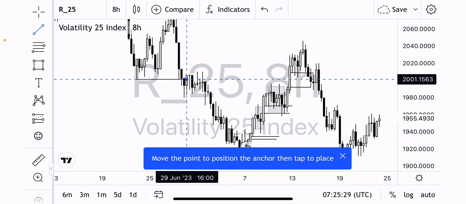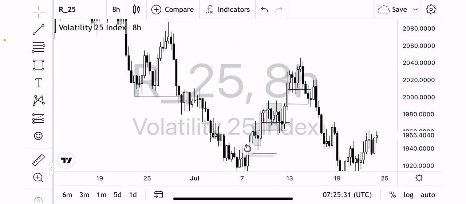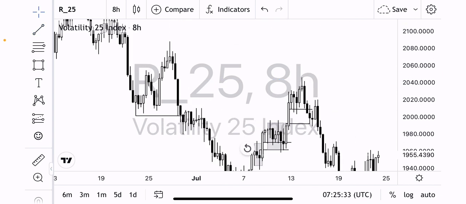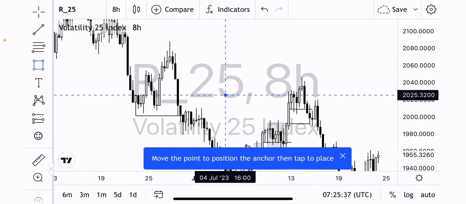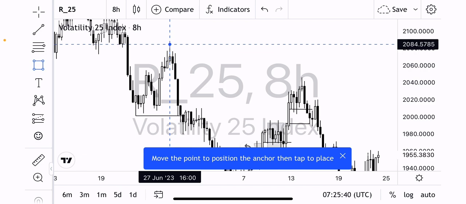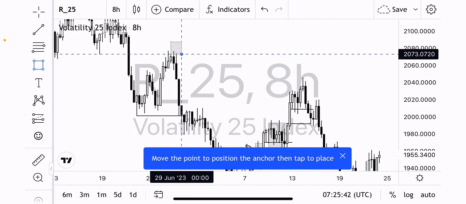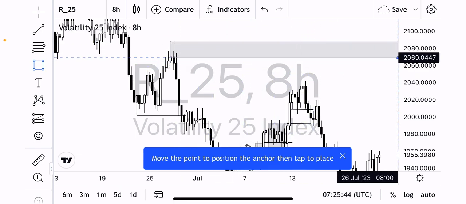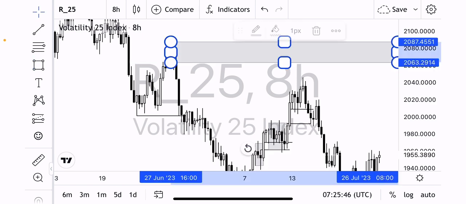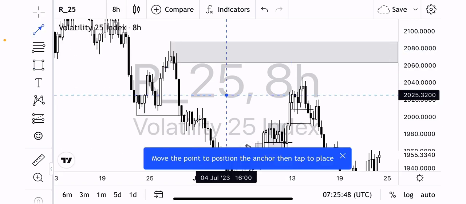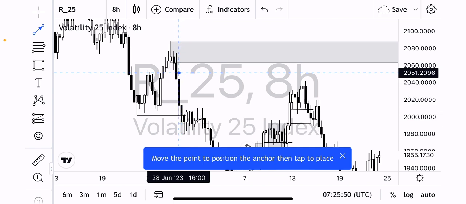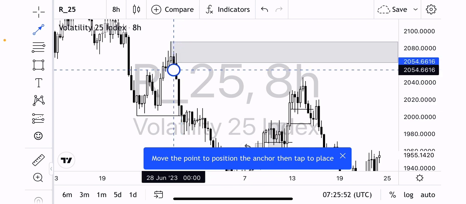Now, after the BMS, we know that we are going to be picking out our POI, and then our liquidity area and everything. So this is our POI here. So I'm going to be marking out my fair value gap. So I have this as my fair value gap.